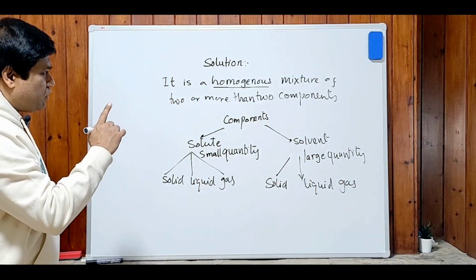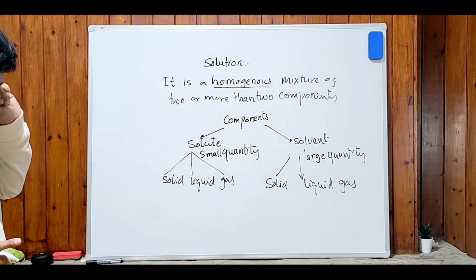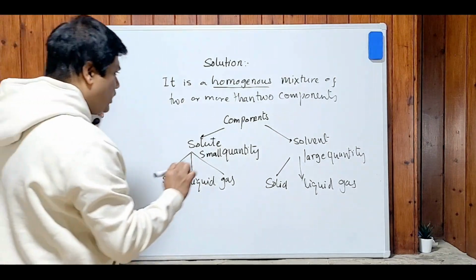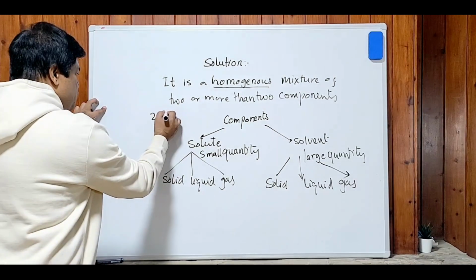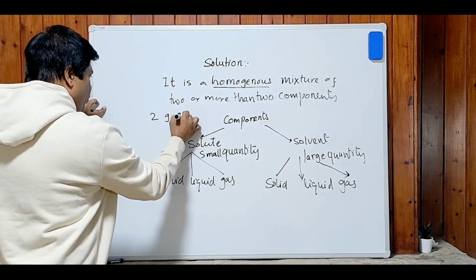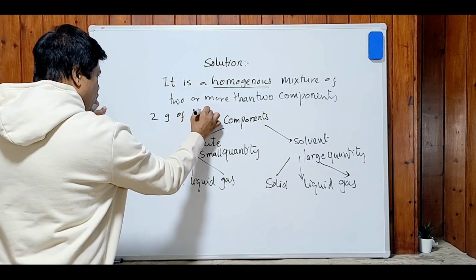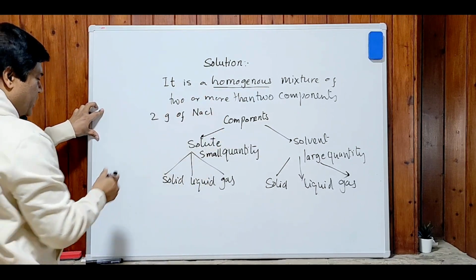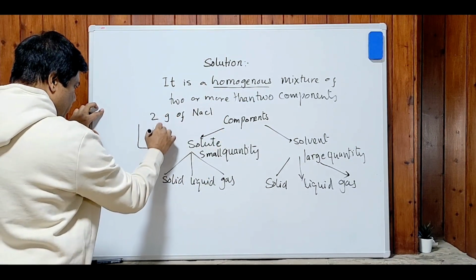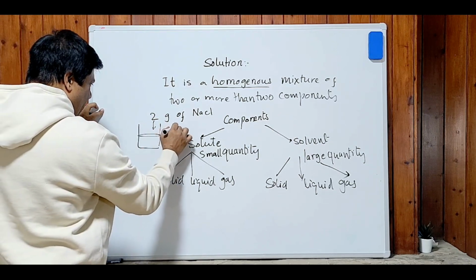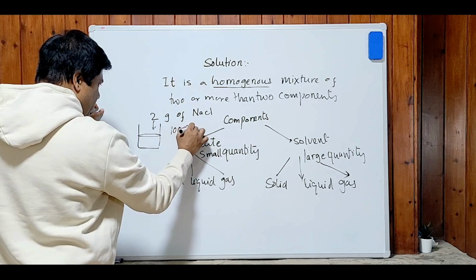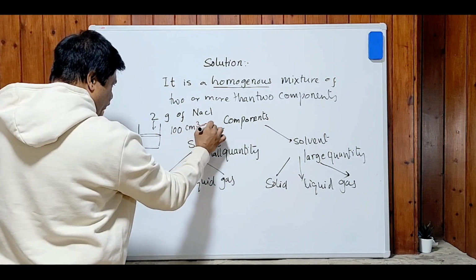Before I teach you what is the meaning of homogeneous, let's do some small activity. Let's take 2 grams of common salt, NaCl, and I want to dissolve this 2 grams in 100 cm³ of H2O.